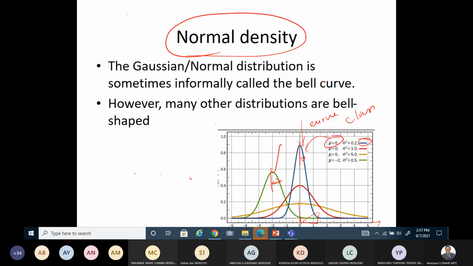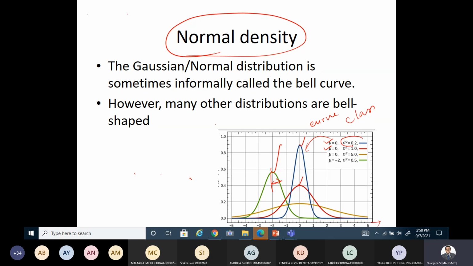If you see the sigma of that, sigma square is given there as 0.2. Take the second case now; this is the first case, this is the second case. Mu is equal to 0 only, the red one. Mu is in the same place, which means that red and blue have the same mean, right? So you can see both have the maximum value at 0.